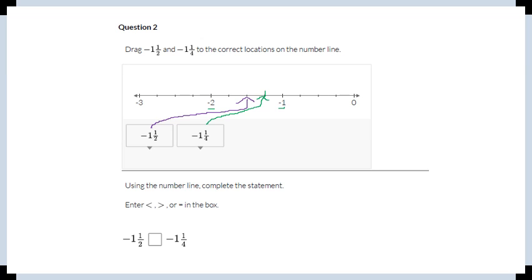Okay, so since negative 1 1/2 is farther to the left, this one, negative 1 1/4, is greater. So negative 1 1/2 is less than negative 1 1/4.